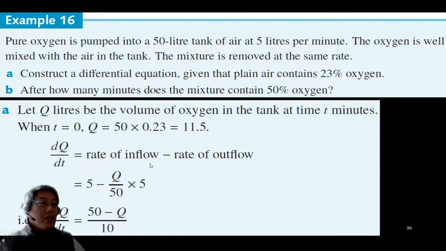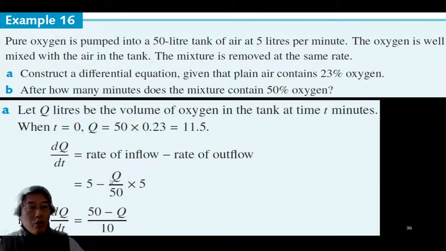So the way you do that is, what comes in is your 5. But for what comes out, you look at the amount of oxygen in the tank, Q, which represents the actual volume of oxygen, and divide by the 50, which is the volume of the tank.